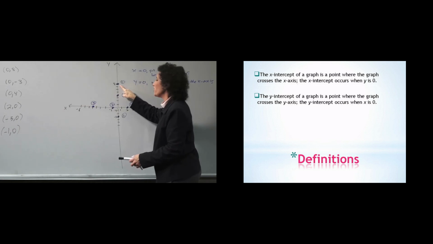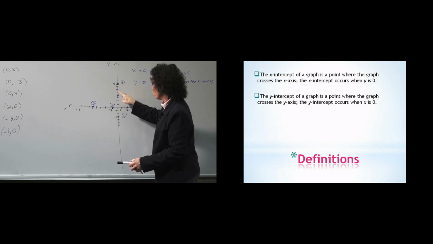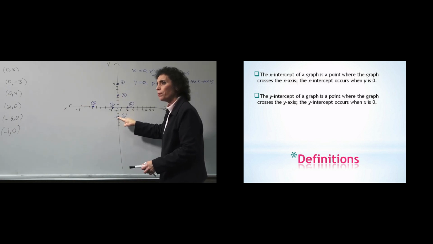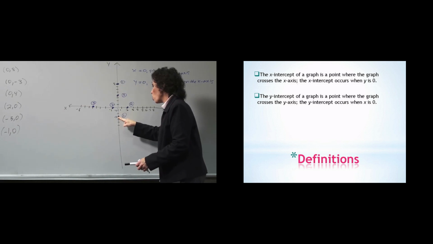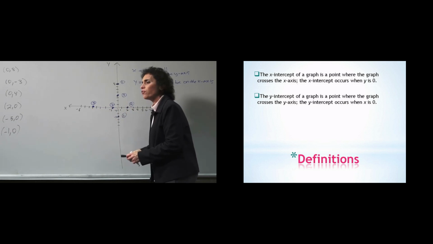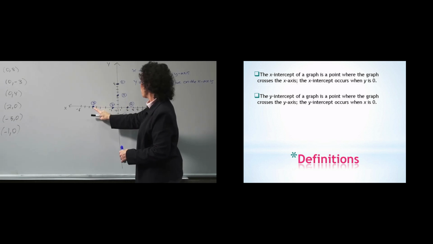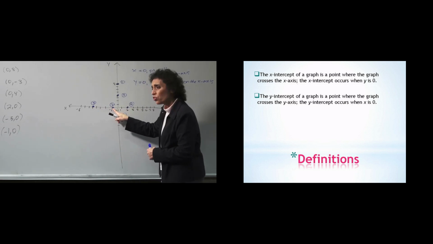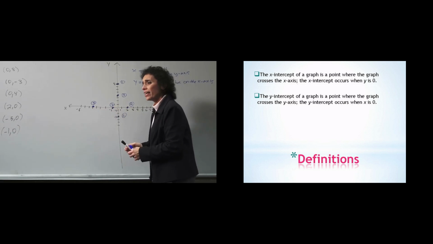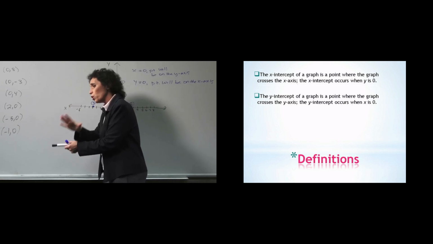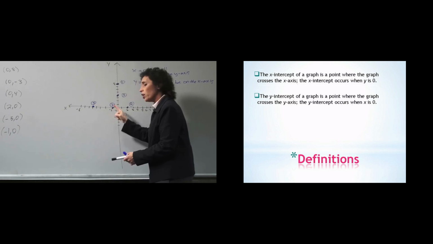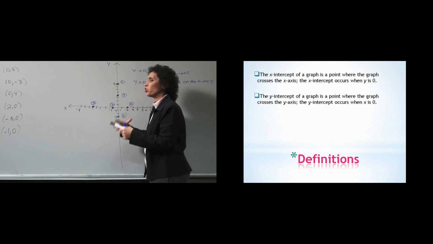These are X-intercepts, the points where the graph crosses the X-axis. We could say this one is (-1, 0), or an X-intercept of negative 1. You don't have to give the entire point, because if we say the X-intercept, Y must be 0.